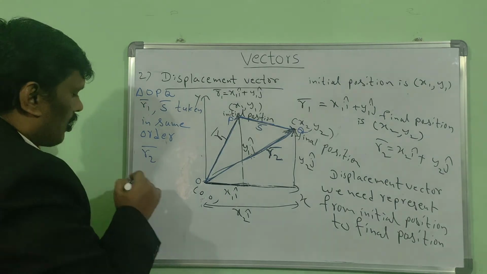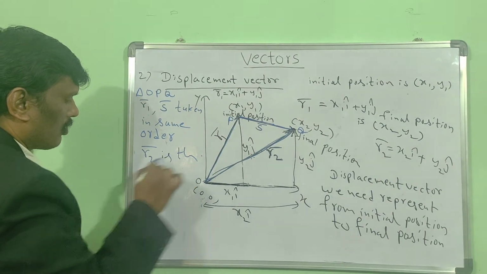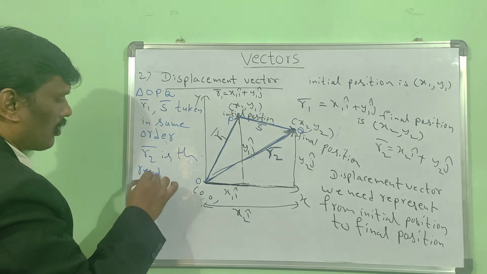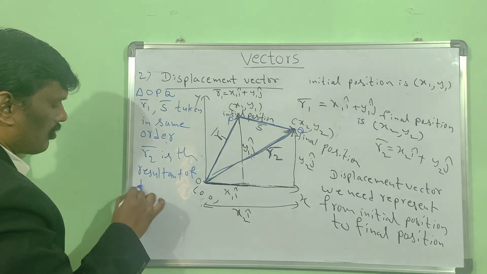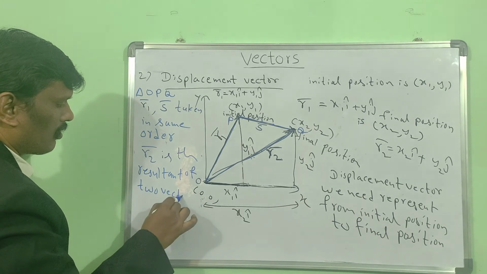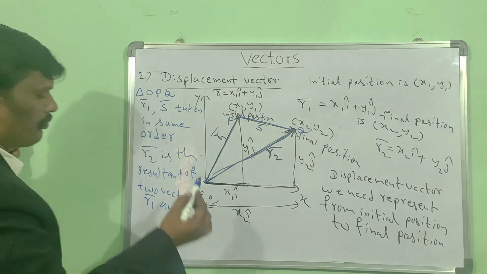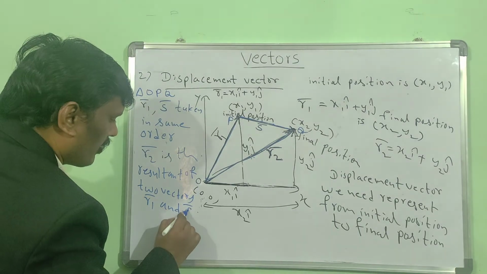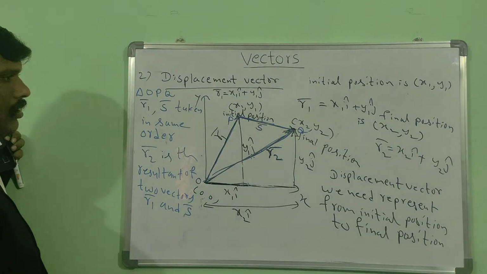So R2 is the resultant of two vectors R1 bar and S bar from triangle of vector addition.